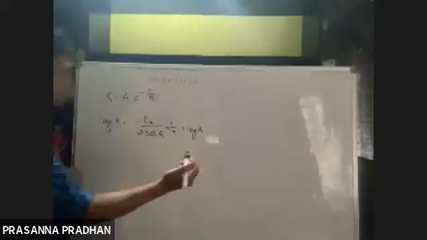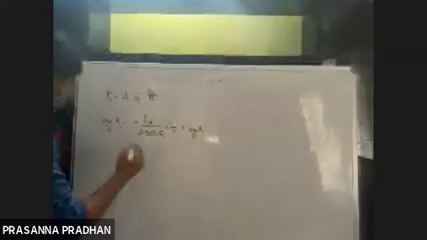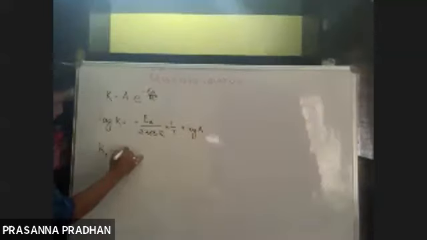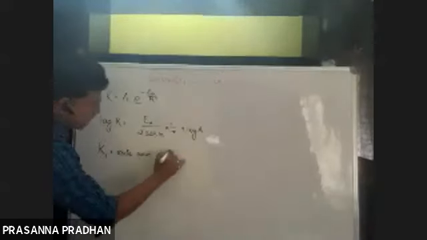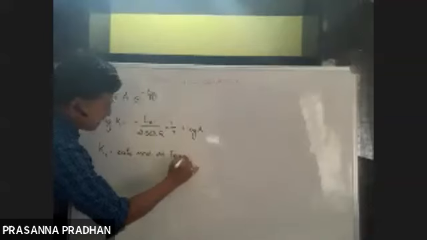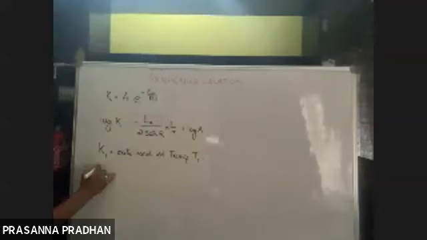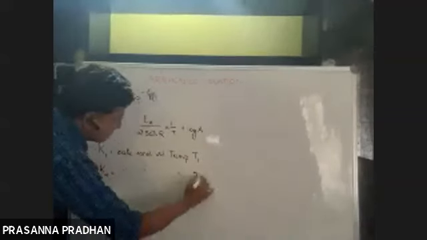Let us suppose that k1 is the rate constant at temperature T1, and k2 is similarly the rate constant at temperature T2.